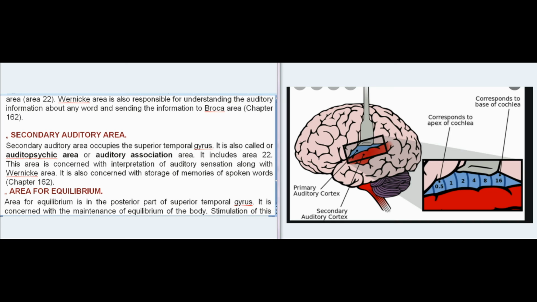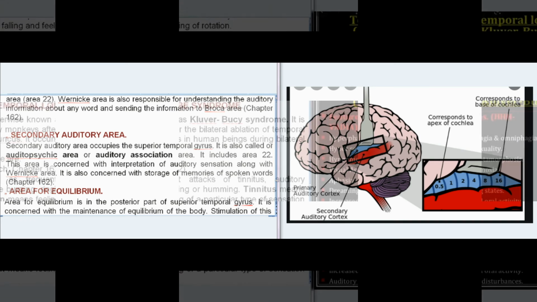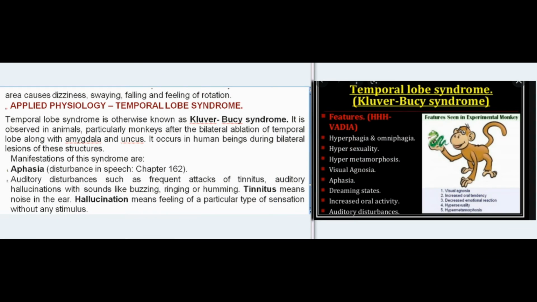It is also concerned with storage of memories of spoken words. Area for equilibrium. Area for equilibrium is in the posterior part of superior temporal gyrus. It is concerned with the maintenance of equilibrium of the body. Stimulation of this area causes dizziness, swaying, falling and feeling of rotation.